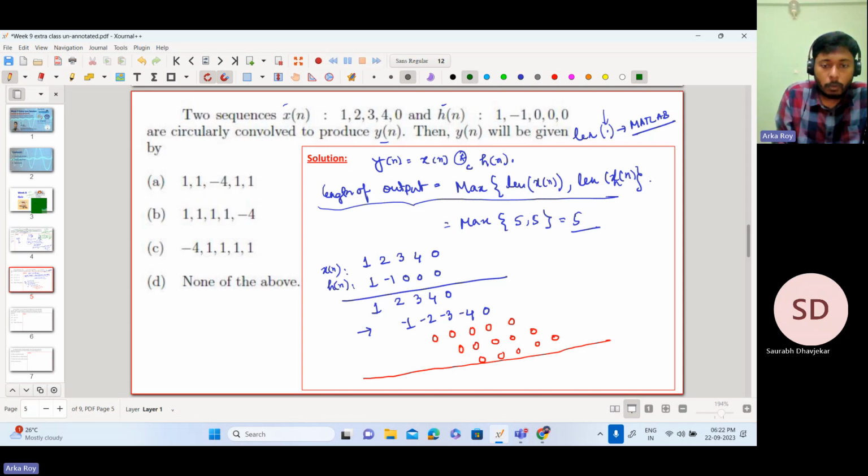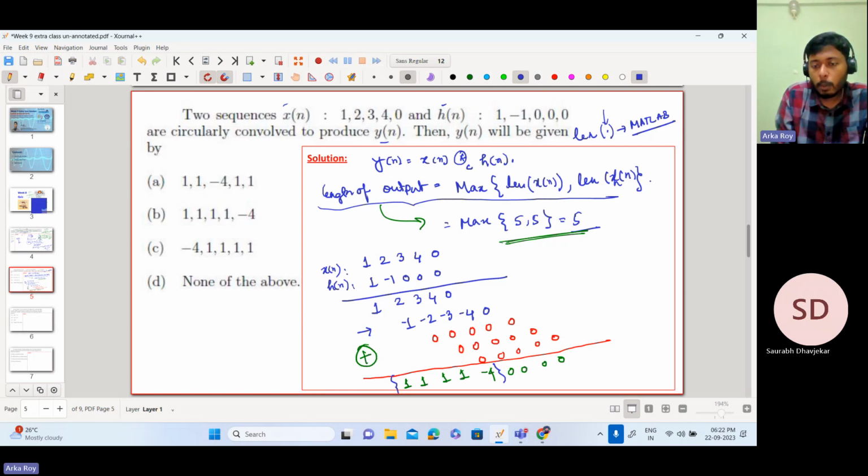Okay. Now what I have is that I will just add up all the values. So it will be 1, 1, 1, 1, minus 4, 0, 0, 0, 0. Now, because we have seen that the length of the output should be 5 only, I will first consider the first 5 samples: 1, 2, 3, 4, 5.